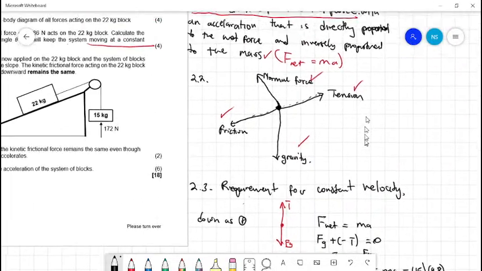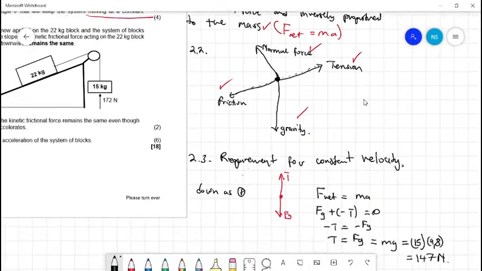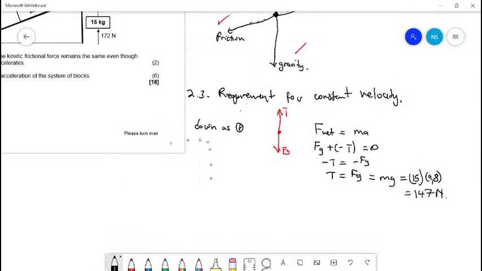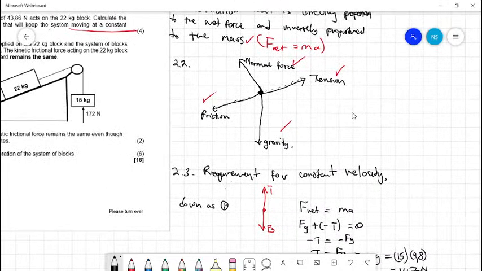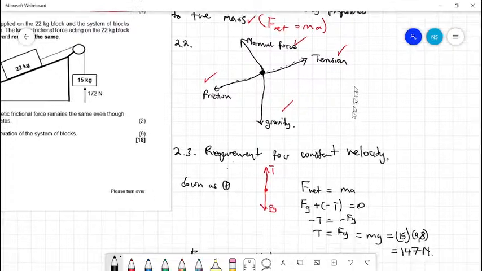So if we look at the 22 kg block, this is the F net for the 22 kg block. Don't forget to take one direction as positive in this case, too. We're going to take up the incline as positive.